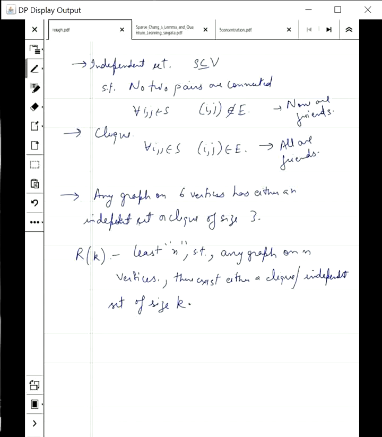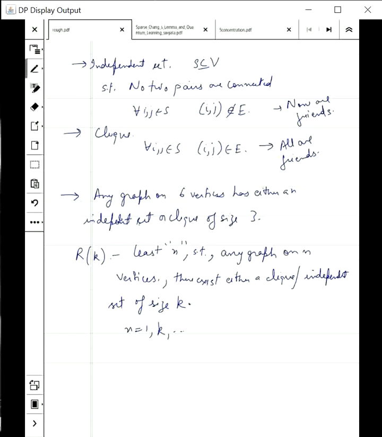If n is very, very small, if n is equal to 1, k, or so on, it is very easy to find a graph where none of this happens. There is no clique or independent set of size k. But as n increases, it becomes harder and harder to create such a graph. And if n is big enough, it seems intuitive that there will be a clique or independent set of size k.